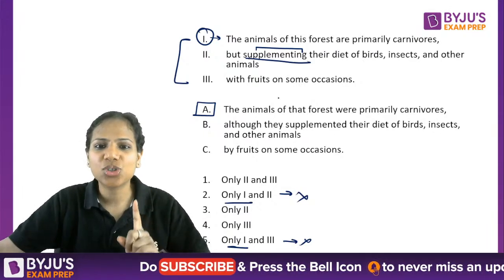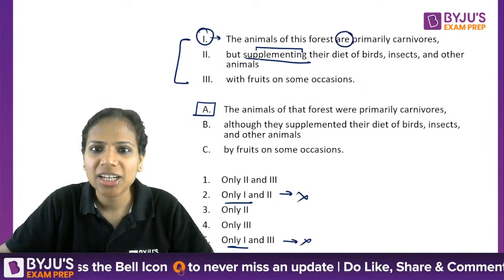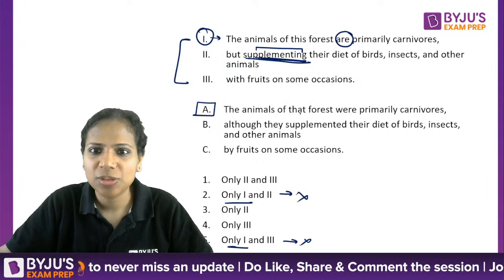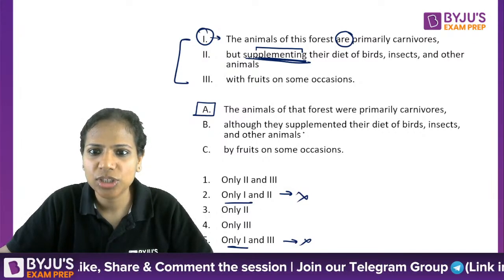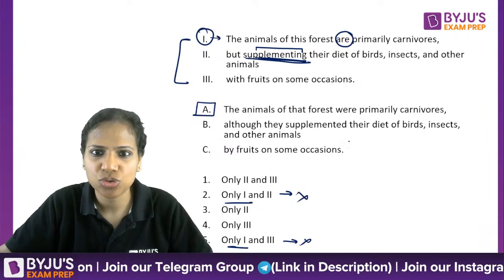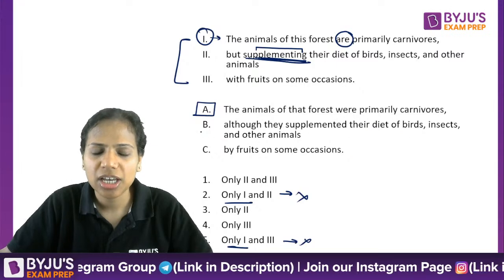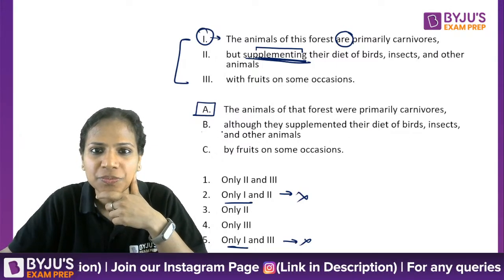Just a second. This is: are primarily carnivores, and but supplementing. The animals of that forest were primarily carnivores, although they supplemented their diets by fruits on some occasions. Just a second. There seems to be an error in this question formation.